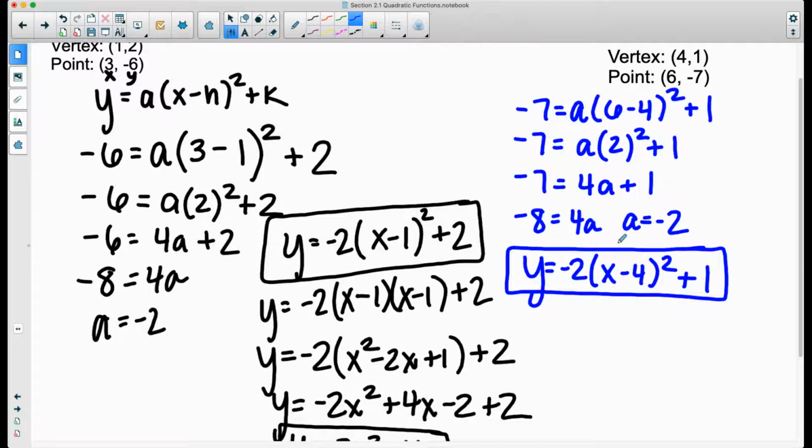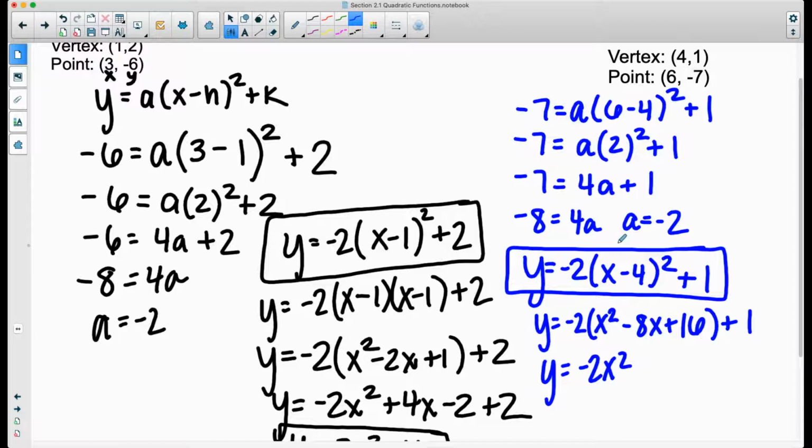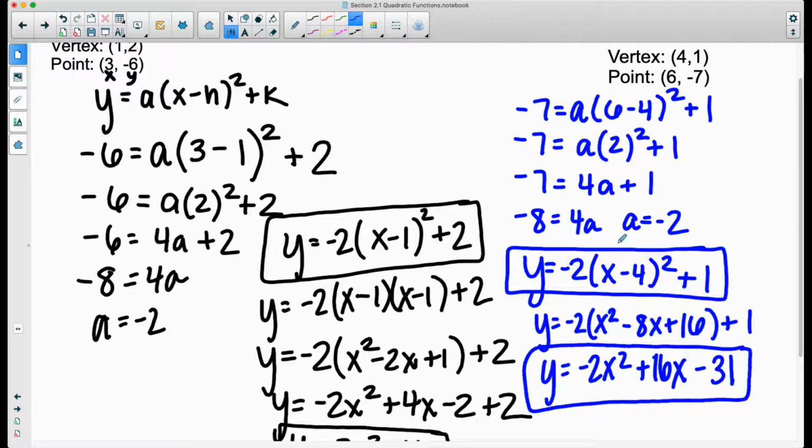And if I multiply that out, I'll get y equals -2x squared plus 16x. That gets me a -32, plus 1 gets me a -31. Questions so far on that?